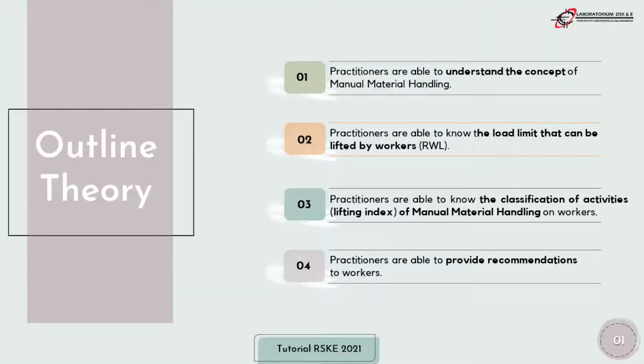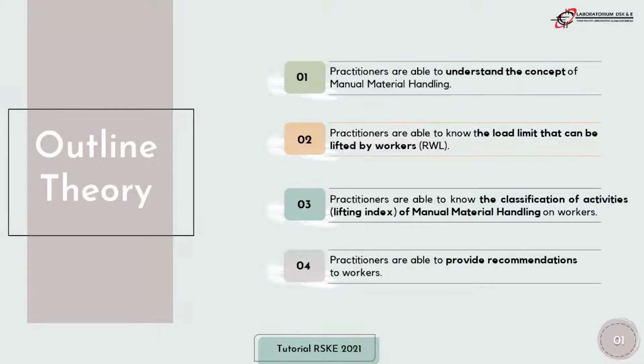Okay, now there are four purposes of the tutorial. The first is you are able to understand the concept of manual material handling. The second is you are able to know the load limit that can be lifted by the workers, which is called the RWL or recommended weight limit.